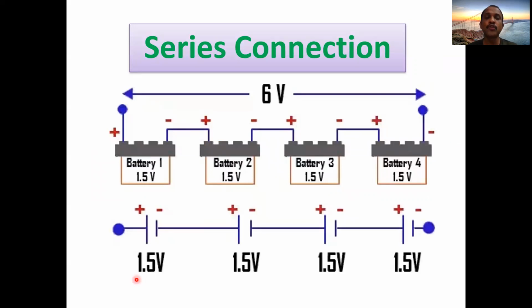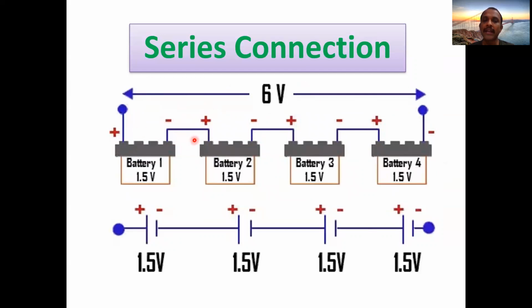Another example to bring you more clarity. You can see the negative of battery 1 is connected to the positive of battery 2, the negative of battery 2 is connected to the positive of battery 3, and the negative of battery 3 is connected to the positive of battery 4. From the first one and the last one, I find the voltage.